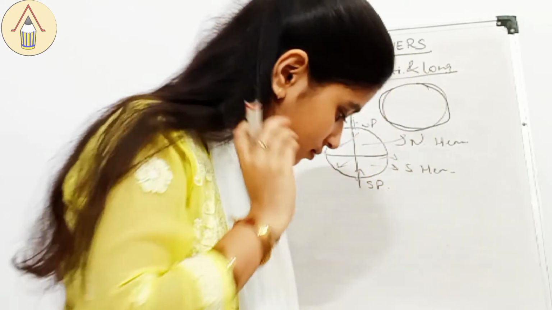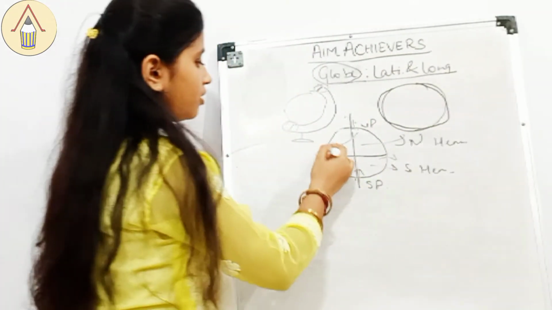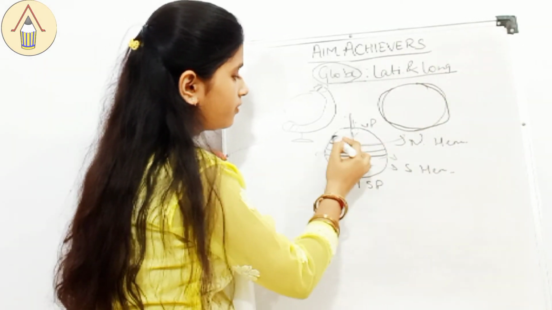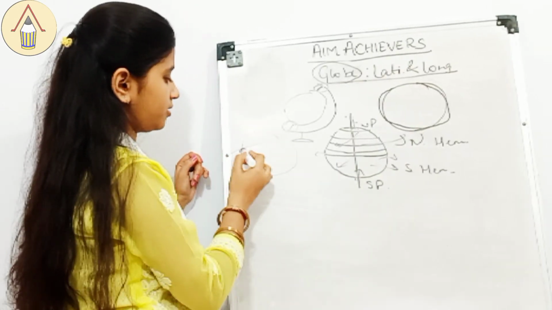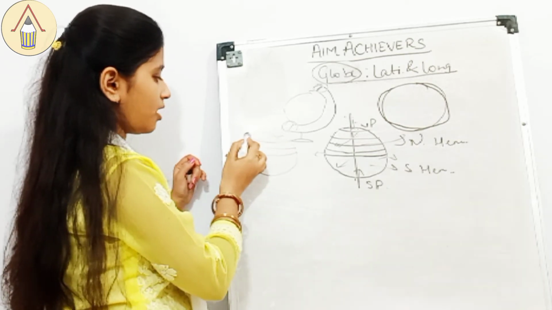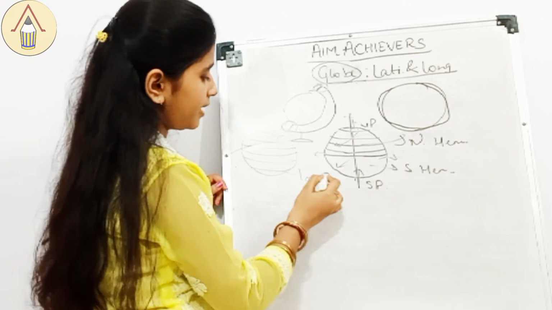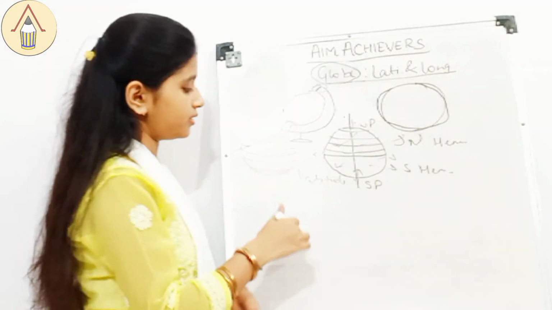Okay. Next comes parallels of latitude. So anything that is parallel to equator, in clear language we can say, are parallels of latitude, or latitude is any line that runs parallel to the equator.